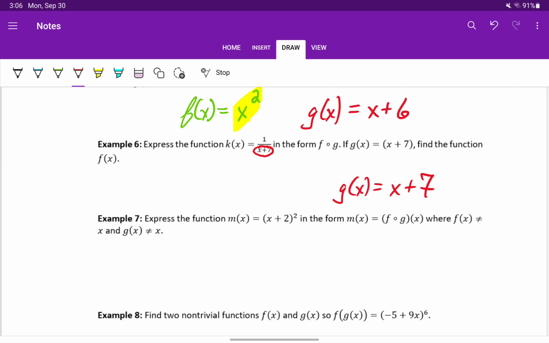The x plus 7 isn't being raised to a power, it's not being multiplied or square rooted, it's just the denominator of this expression. So our function f of x should be 1 over x. Because if we replace that x in the denominator with x plus 7, we would have this function k of x.